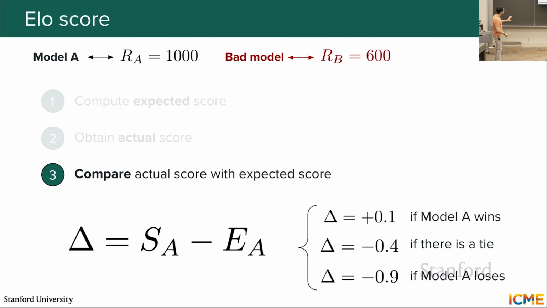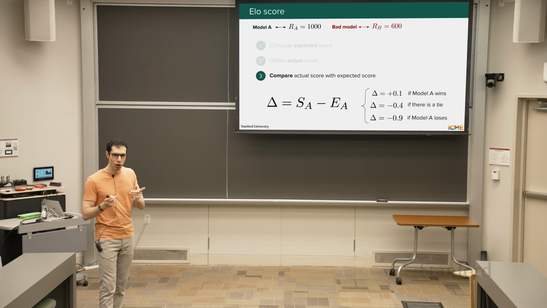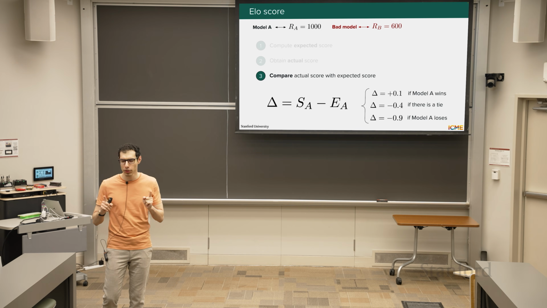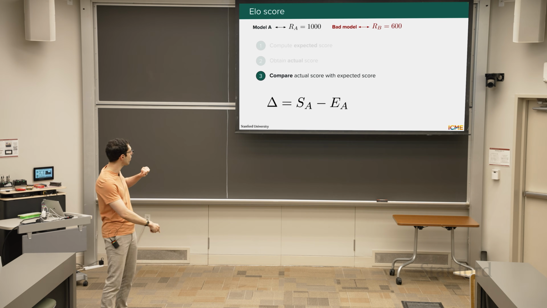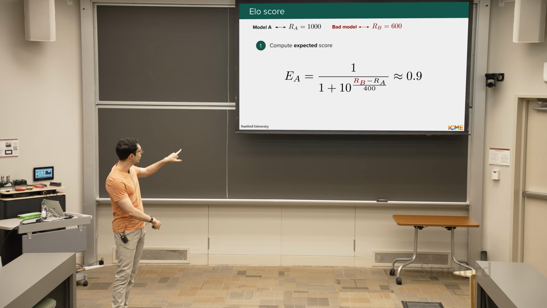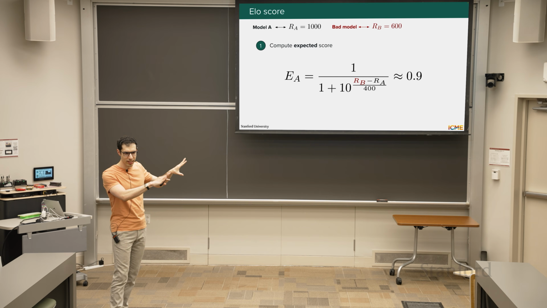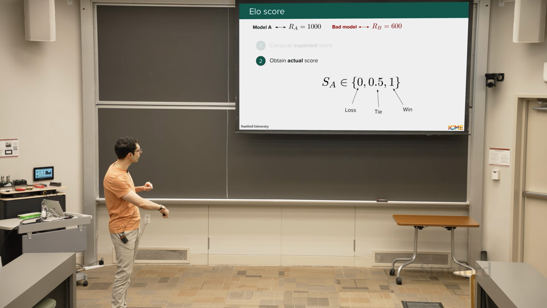In this case, if model A wins, it would be plus 0.1. If it loses, then it's minus 0.9. And if there's a tie, it's also a minus 0.4. By the way, the numbers just come from this formula that we plug the ratings into, and then we compute delta.